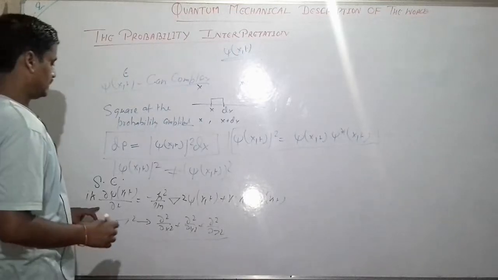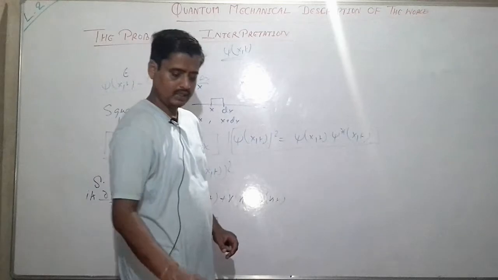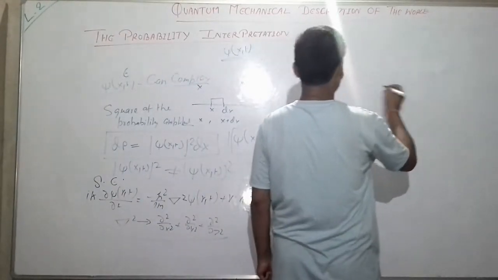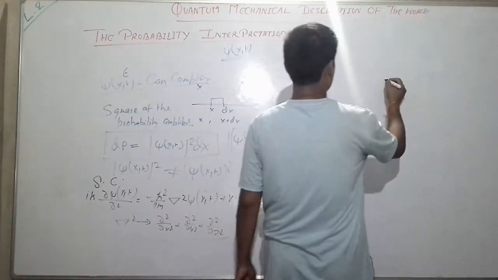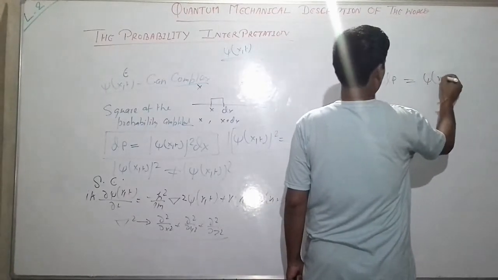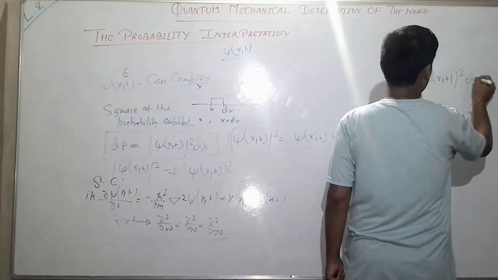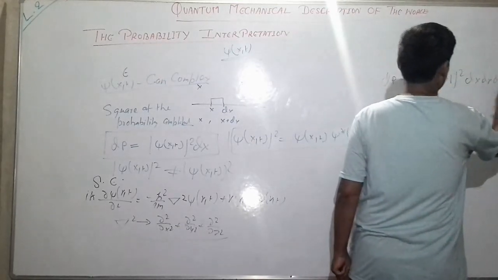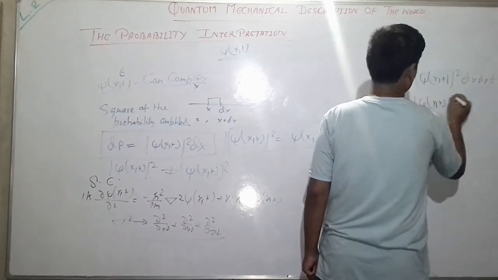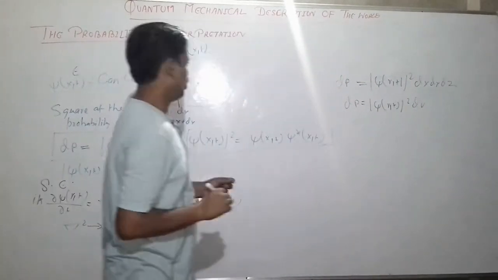This is the three-dimensional form of the Schrodinger wave equation. Now, in three-dimensional space, we can write dP equal to the square of the modulus of psi(r,t) dx dy dz, or dV, where dV is the small volume.